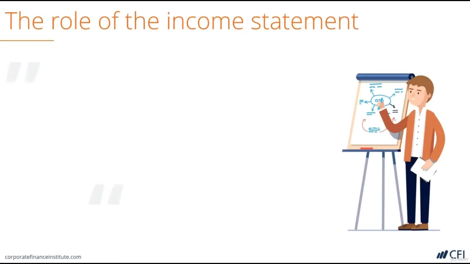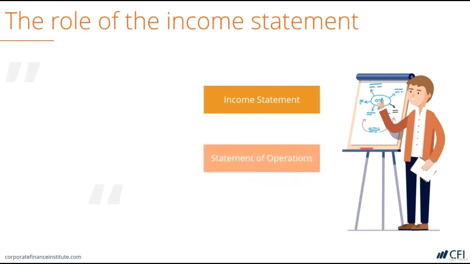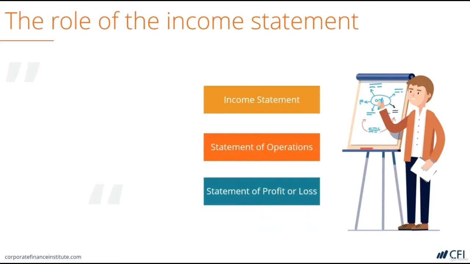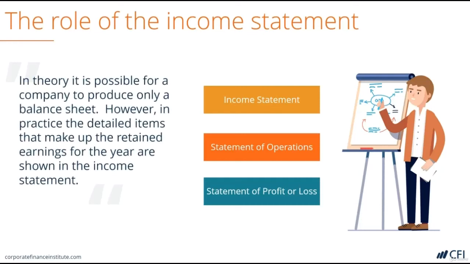Now let's move on to look at the income statement. The income statement can also be referred to as the statement of operations, or the statement of profit and loss, which is sometimes shortened to P&L. When you think about all of the transactions that a company records during a period, you can see why it's necessary to have a statement that's dedicated just to the operations of the business.